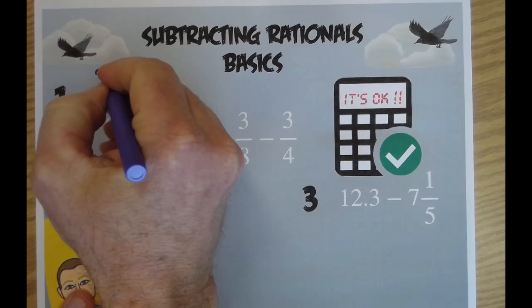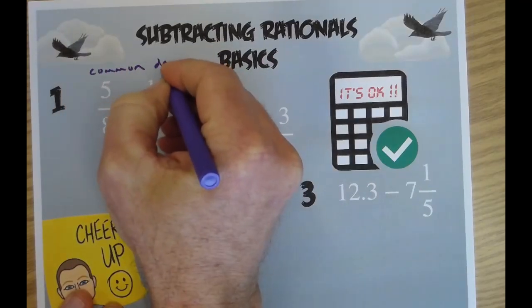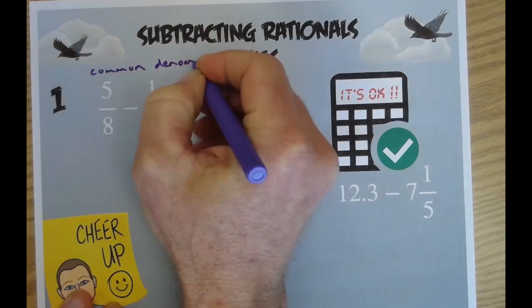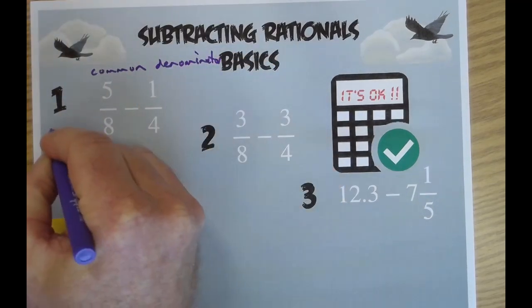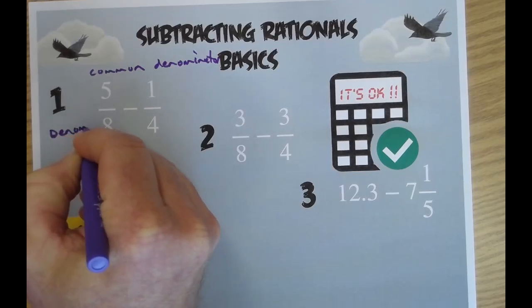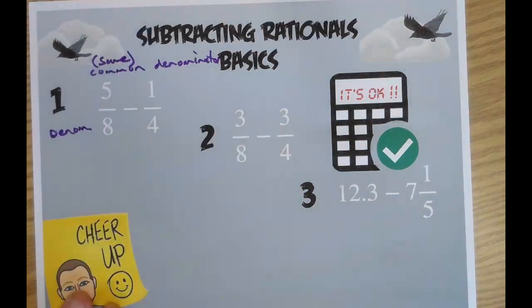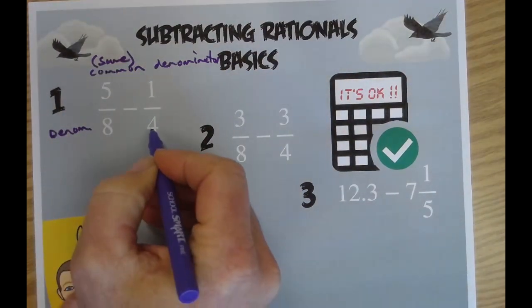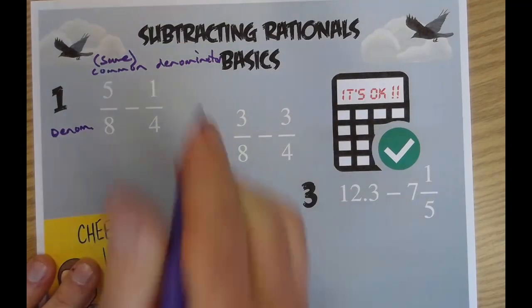First of all, we need a common denominator on the bottom. Common denominator means the numbers down here. Common means same, as you know. So, does 4 fit into 8 evenly without going over? Yes, of course it does.